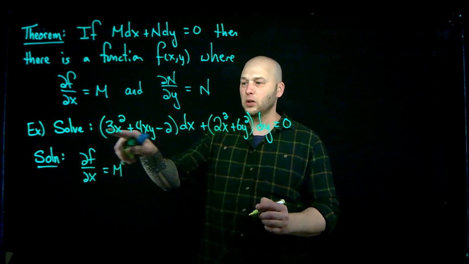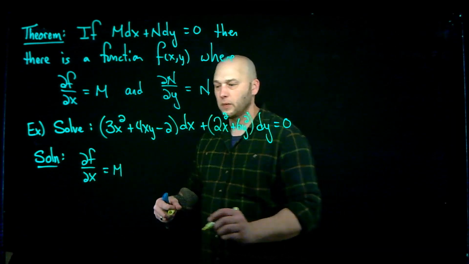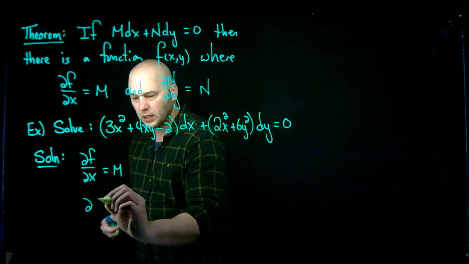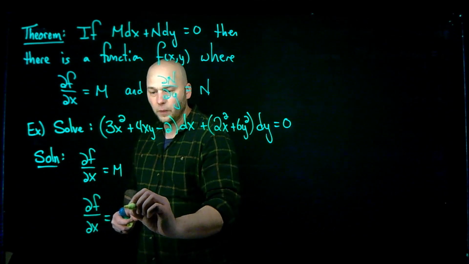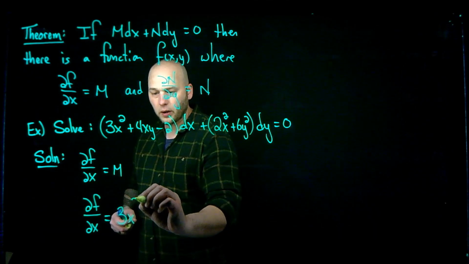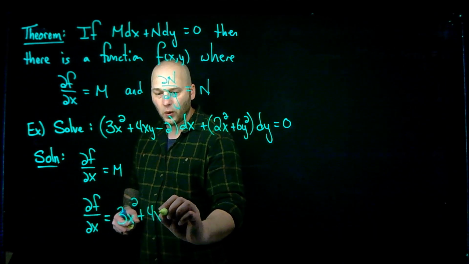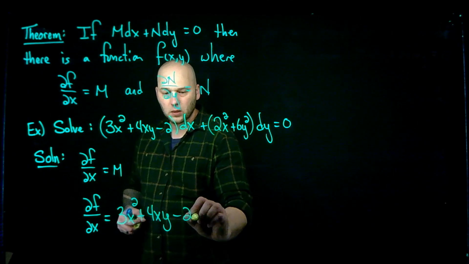M is the coefficient of dx, but I don't know what f is. So that means that df/dx is equal to 3x squared plus 4xy minus 2.